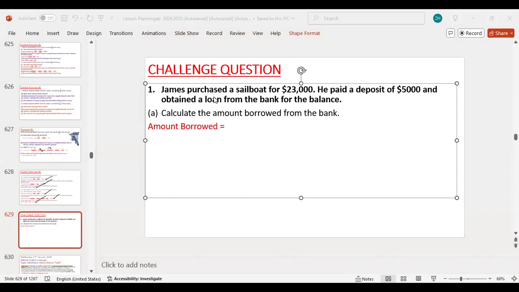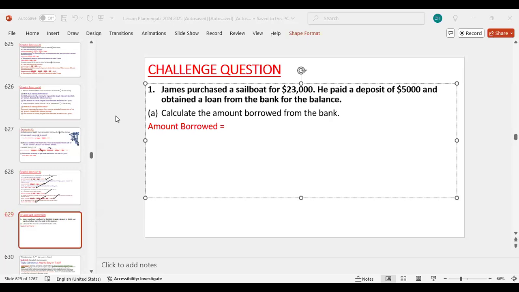Can you read the question for me? James purchased a sailboat for $23,000. He paid a deposit of $5,000 and obtained a loan from the bank for the balance. Calculate the amount borrowed from the bank.